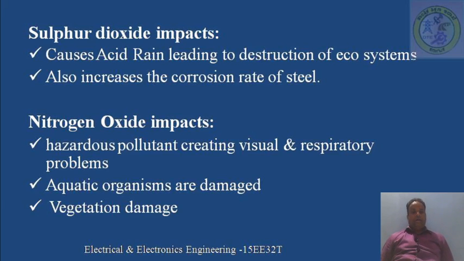These are the main impacts of sulfur dioxide. First, sulfur dioxide along with water forms sulfuric acid and causes acid rain, which destroys ecosystems. Second, the presence of sulfur dioxide in air increases the corrosion rate of steel. These are the impacts of sulfur dioxide on the environment.